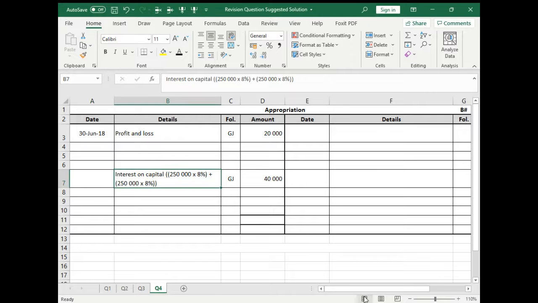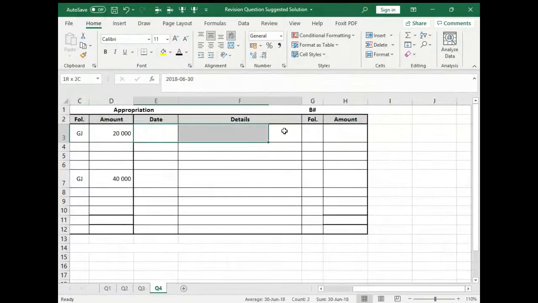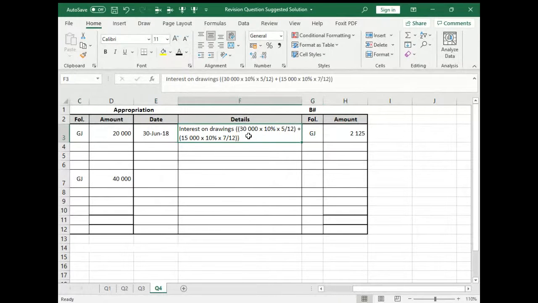Because it is income, it would be on the credit side. Then you show the total amount, but you have to show me the calculation. So you do the 30,000 multiplied by the 10%, times the 5/12 for Mayer, and then you add the 15,000 multiplied by the 10%, multiplied by 7/12 to get to an interest amount of 2,125.